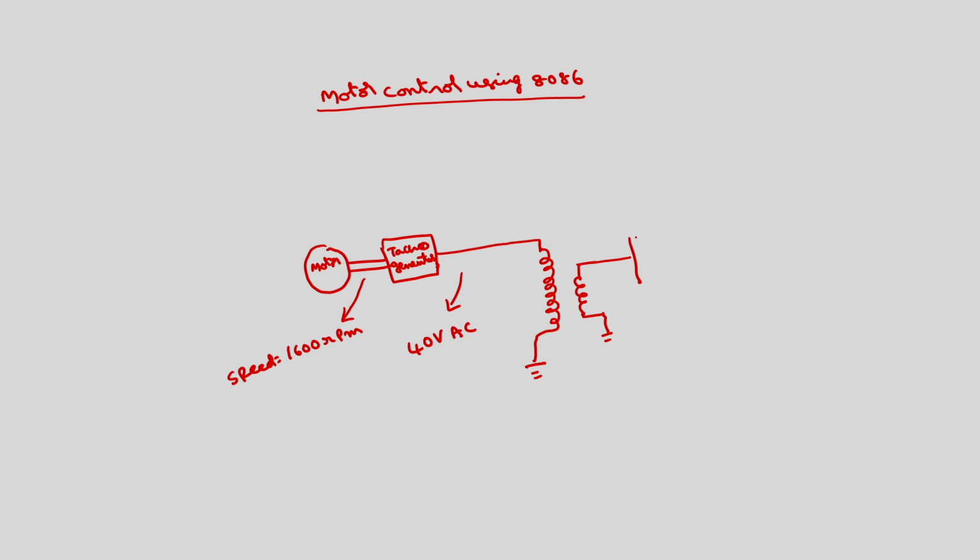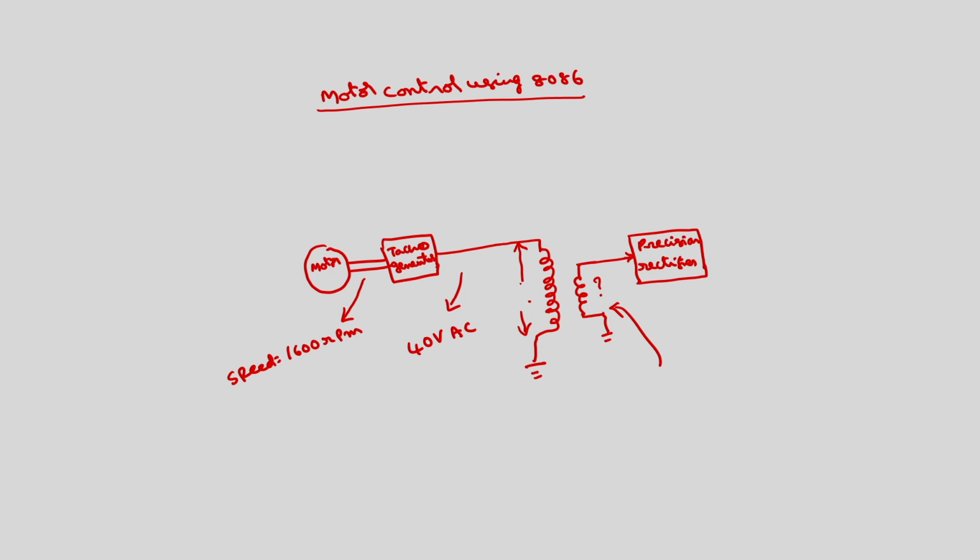Then you have to connect to a precision rectifier to convert AC into DC, because this is AC. Here the voltage depends upon the number of turns. If I call this the primary voltage, here this voltage is 40 volts in this case.